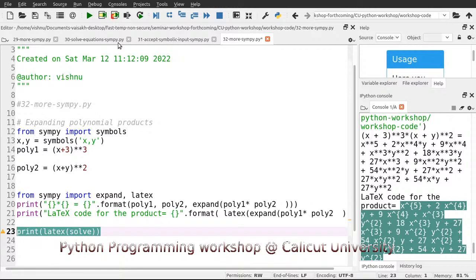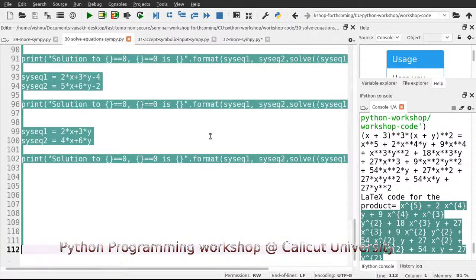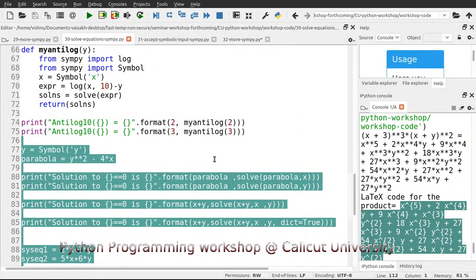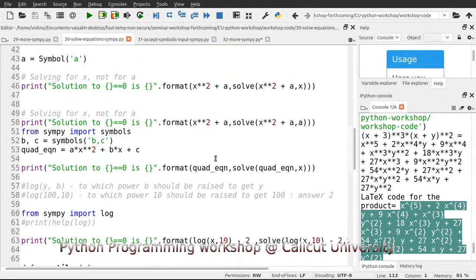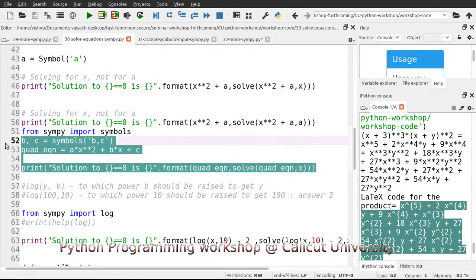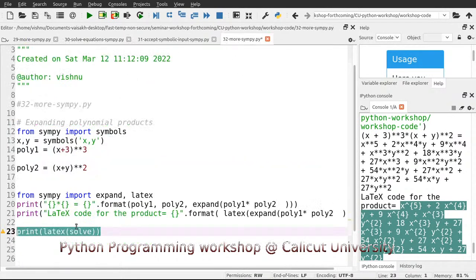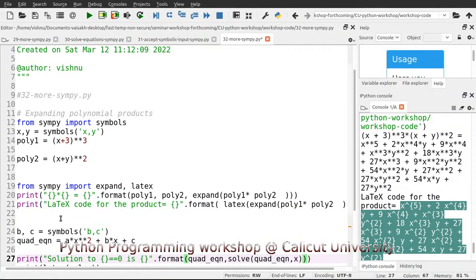I think where we had done that, the quadratic equation solving. Is it here? Here it is. A, B, C. Let's see the LaTeX code corresponding to this quadratic equation.